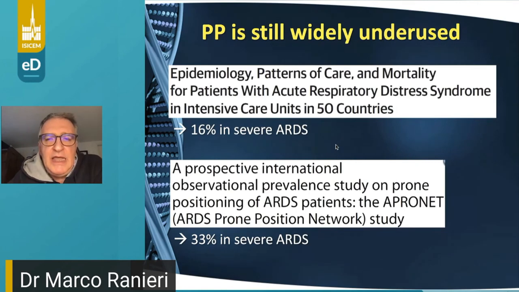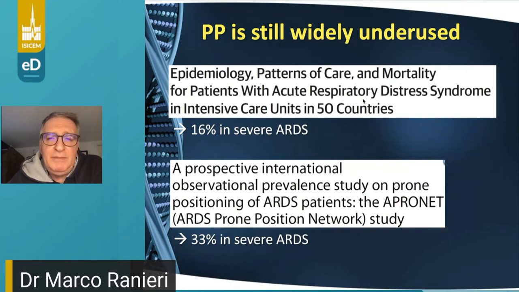Nevertheless, the intervention has been clearly shown to be effective in saving the life of patients with ARDS, but still several case series show that it is used in relatively few patients. So 16% of severe ARDS in this case series from Europe, 33% in severe ARDS in a following case series.